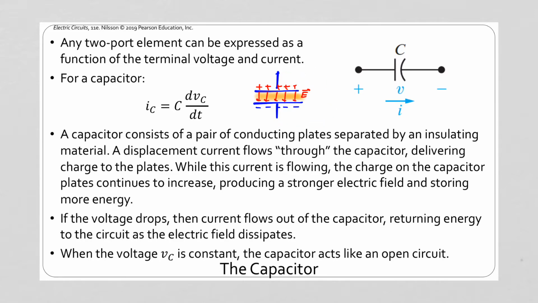And so the way that you get the charge built up on the plates is you have what's called a displacement current. It's a displacement current because the current technically isn't flowing all the way through the capacitor, but you have positive charges flowing in and building up on one plate. You have positive charges flowing out the other side into the rest of the circuit. As the positive charges flow away, you have negative charges that are left.